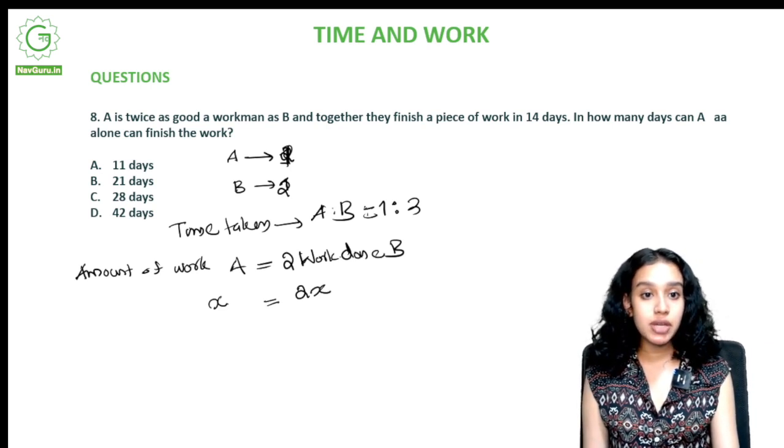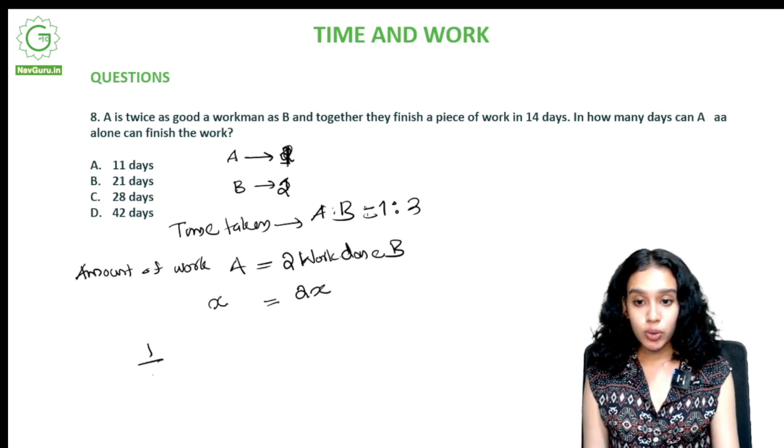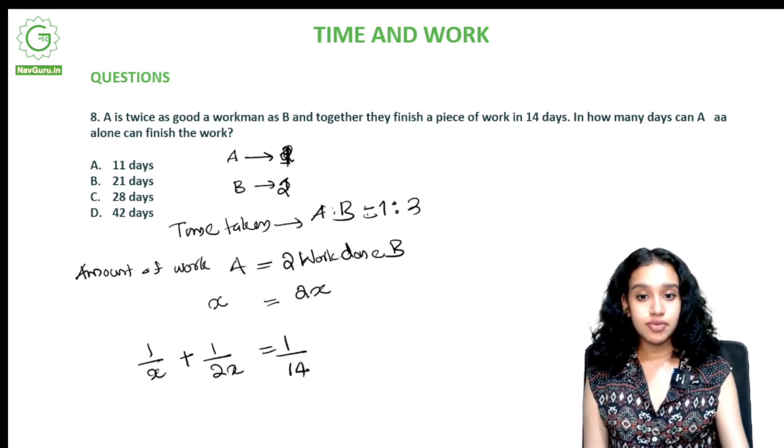And they finish a piece of work in 14 days. So 1 by X plus 1 by 2X is equal to 1 by 14, right?